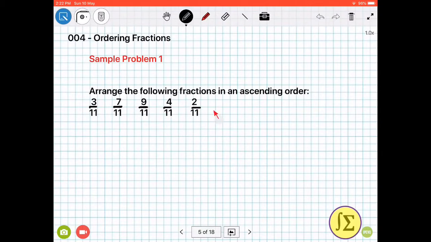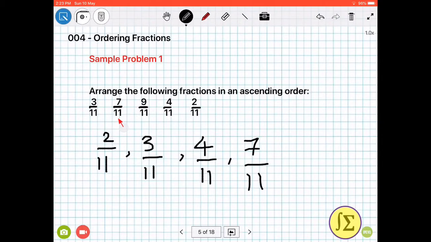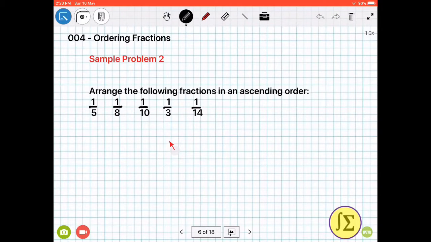The smallest one is 2, right? So in ascending order, the smallest, 2 over 11, followed by 3 over 11, the next one would be 4 over 11, followed by 7 over 11, and finally 9 over 11. Pretty easy.